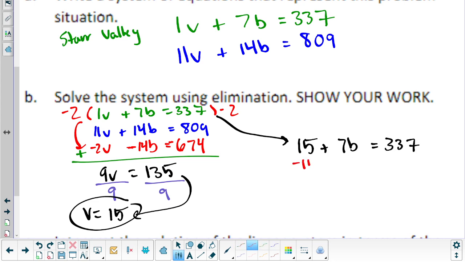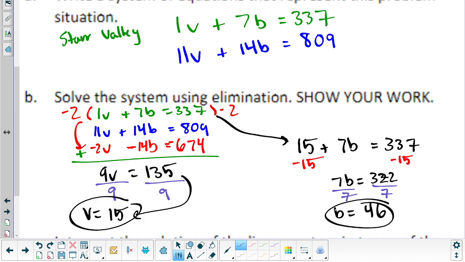So I'm going to subtract 15 from both sides. I get 7b equals 337 minus 15, which is 322, and then divide both sides by 7, and I get b equals 46.